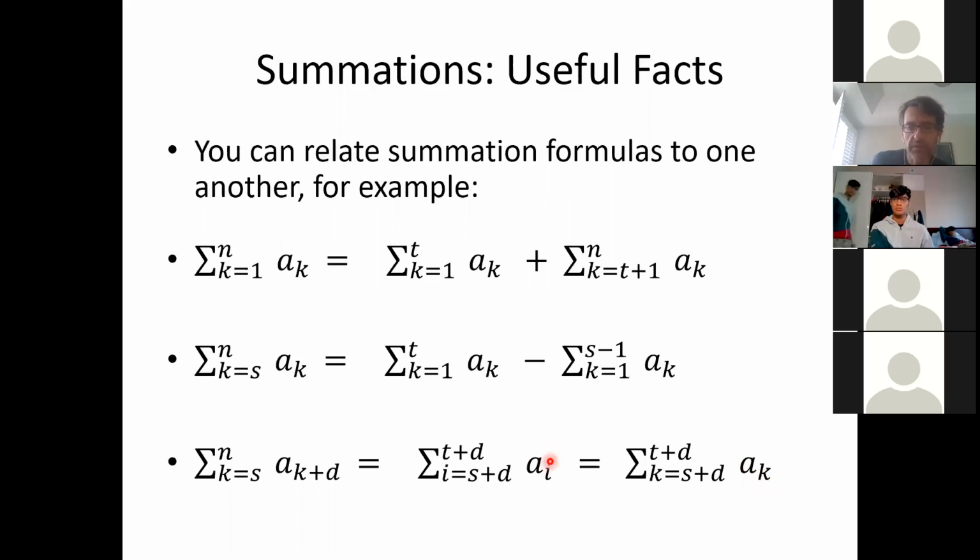Or you can think of this code here: initialize the sum at 0 and do the following loop. For i equal s plus d to t plus d, add to whatever sum you have a_i. i is a free variable here. It's just an index, just the name of the variable. And here k was the name of the same variable. So it doesn't matter what you call them. You can call them i, you can call them k.